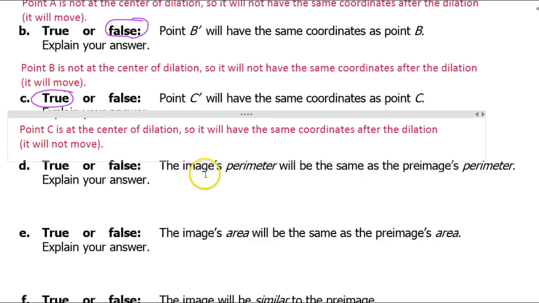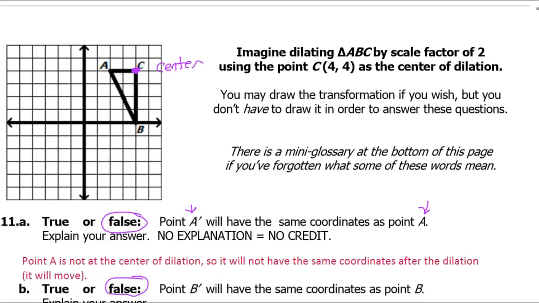Alright, part D. The image's perimeter will be the same as the pre-image's perimeter. Explain your answer. Okay, hopefully you understand that the perimeter is the distance around the edge of this shape. If I added up the lengths of these three sides, that would be the perimeter.